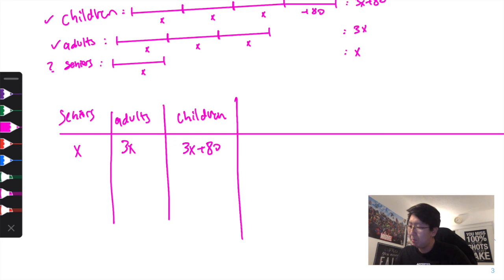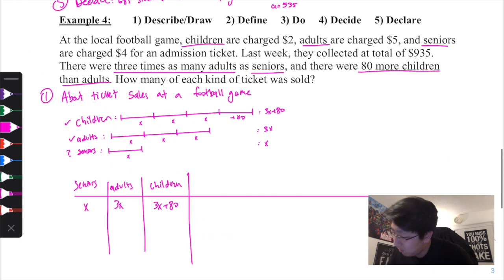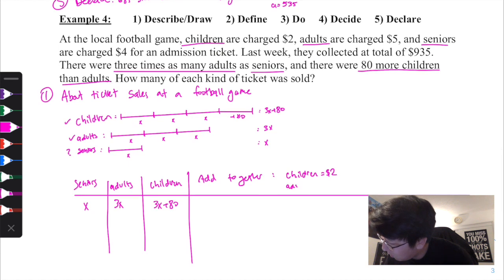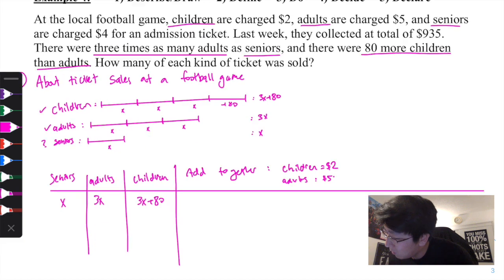What are we going to do with them? We're going to add them together. But we need to know that children are $2, adults $5, and seniors are $4.